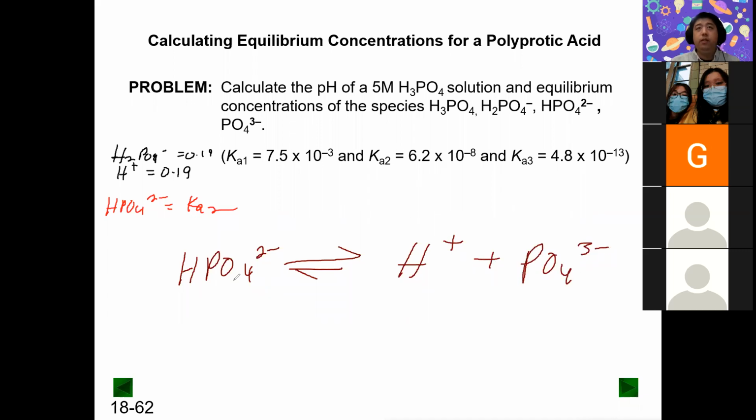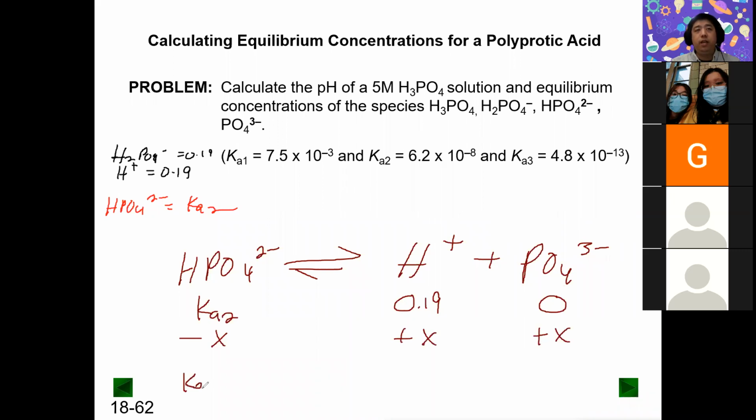Okay, setting this up here, I know my value here is just the value of Ka2, whatever that is. My H plus is still 0.19. I haven't changed that value. My PO4 is 0 to start.